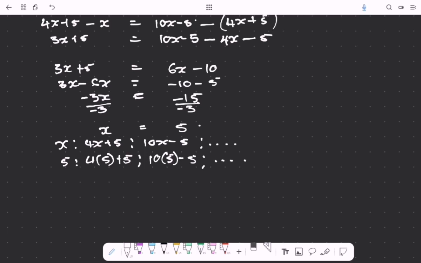So our sequence now becomes 5, 4 times 5 is 20, plus 5 is 25, and 10 times 5 is 50, minus 5 is 45. So we have our sequence now. This is the sequence that we are looking for. Then we are done. You get your full marks in an exam or a test.